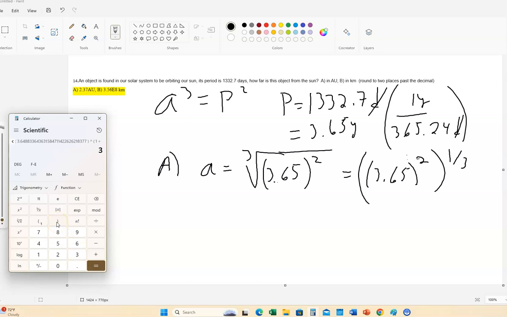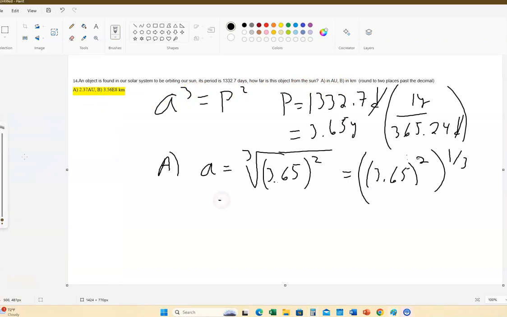Some calculators will already have a cube root button, and so that solves that problem. But if you don't have a cube root button, you can use this 1/3 method. That tells us the distance. They tell us to round 2 places past the decimal, so this is going to be 2.37.